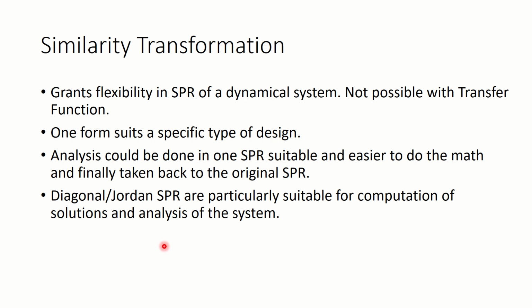They transform it to a suitable representation, which may not always be Jordan or diagonal, which suits them, and they do the math there and then go back to their original representation. That's the same thing we are going to do in our case also.